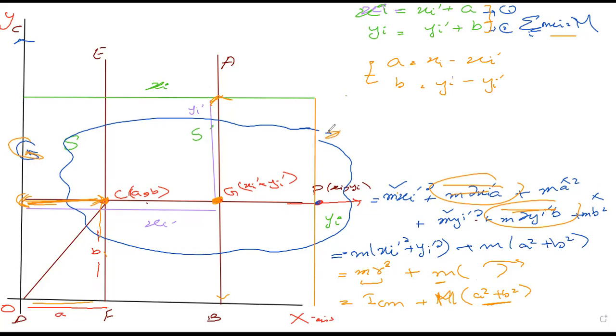So we can write here I of CD is equal to ICM, which is the rotational inertia about the center of mass of AB, plus the mass into the perpendicular distance between the two axes. We can write it as a square plus b square, or more generally, we can write it M r square. And this completes the proof.